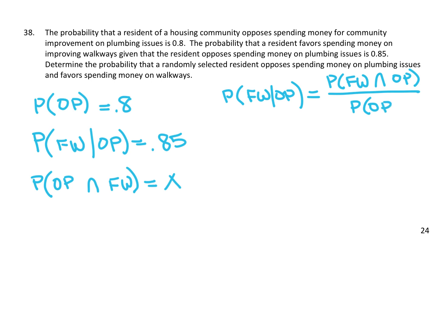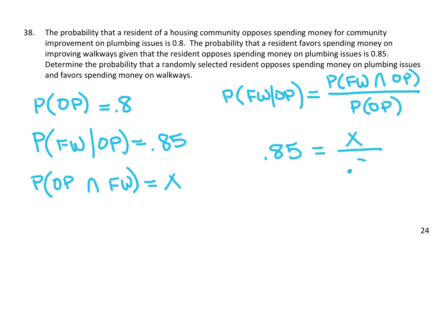Okay, so now that we have everything written out, we're just going to plug in the numbers. So we know that this right here is equal to 0.85. So on the left-hand side of the equation, I'll replace that with 0.85. Okay, and then our numerator, this right here, is equal to X. We don't know that. And then we know the denominator, the probability of opposing plumbing, is 0.8.